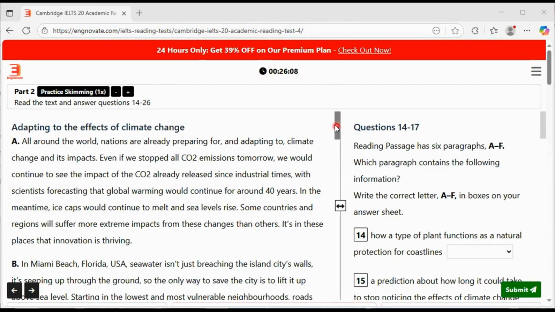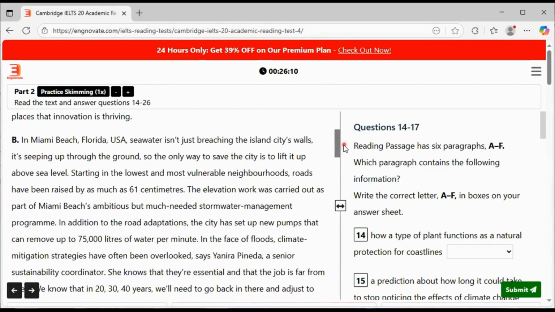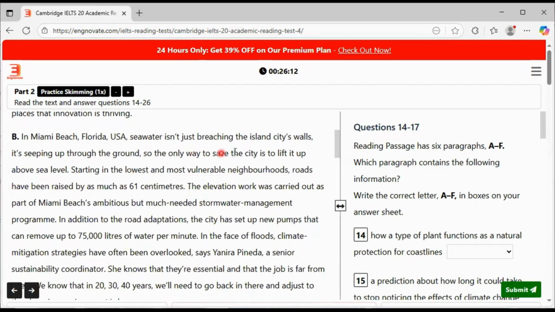It's seeping up through the ground. So the only way to save the city is to lift it up above sea level, starting in the lowest and most vulnerable neighborhoods. Roads have been raised by as much as 61 centimeters. The elevation work was carried out as part of Miami Beach's ambitious but much needed stormwater management program.